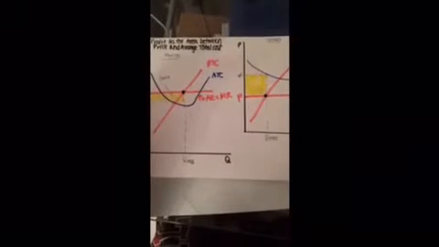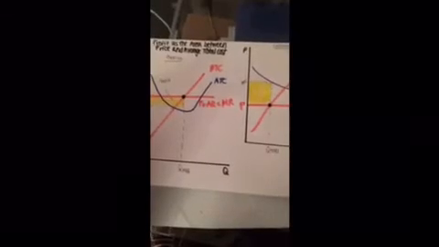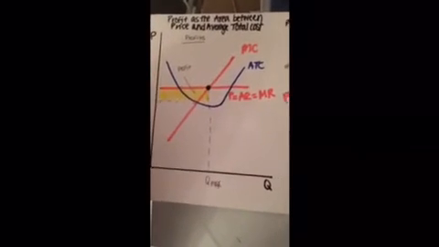These two graphs represent profit as the area between price and average total cost. So the area of the shaded box between the price and average total cost represents the firm's profit, seen here.